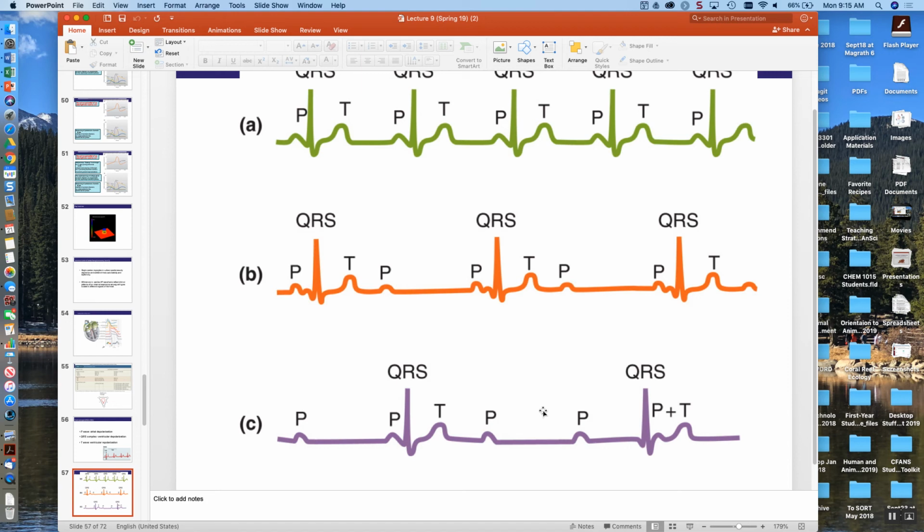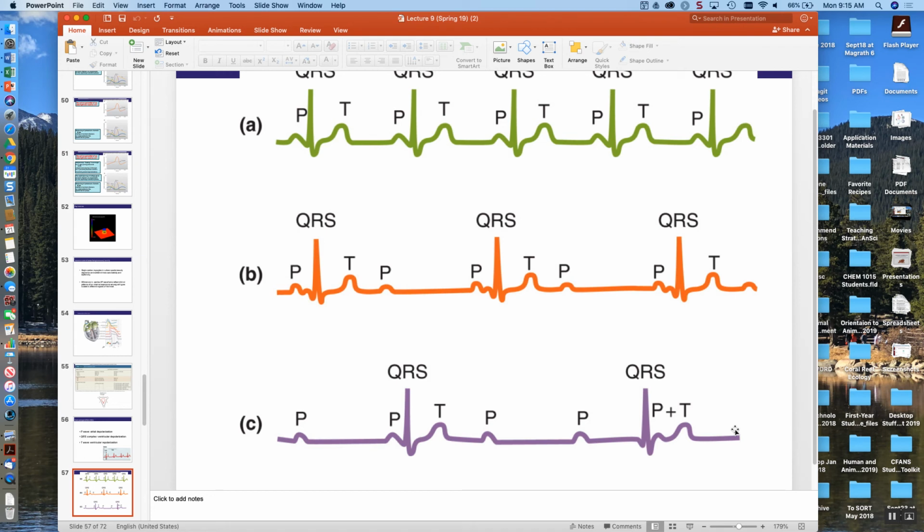It's very slow. Patients that come in with this usually have a profound bradycardia, which is a slowing of the heart. And so now with the AV node taken over as the pacemaker, you get a QRST way down here. Again, the P wave and the QRST are completely independent of each other.